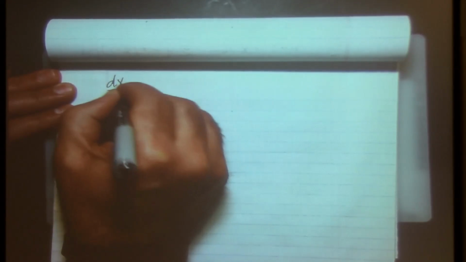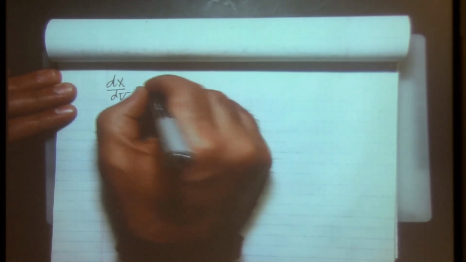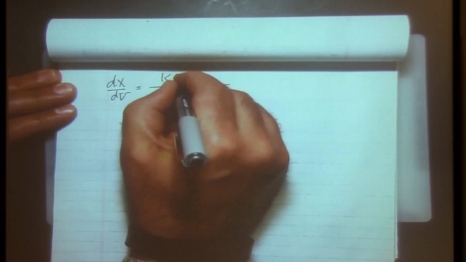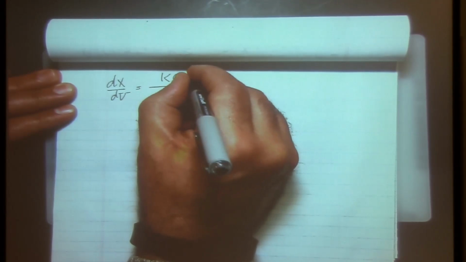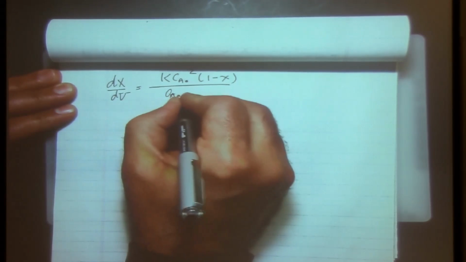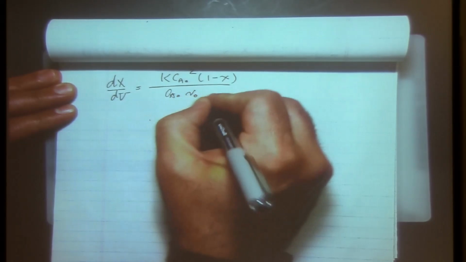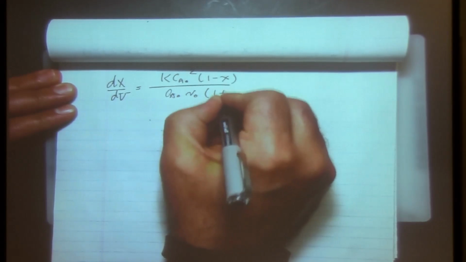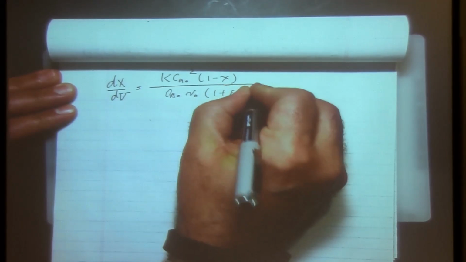Okay, so then the next step is introducing an ordinary differential equation. dx over dV is k CA0 squared 1 minus x squared over CA0 V0 1 plus epsilon x squared.